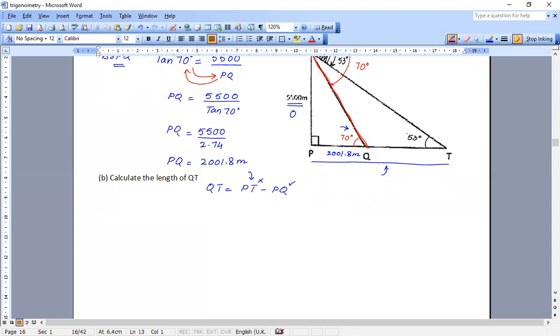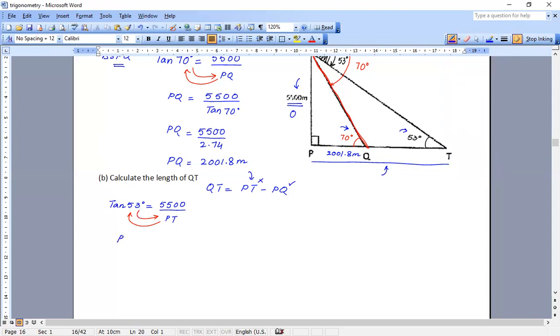In order to find PT, I have this angle which is 53. I have the opposite. I'll again use the same trigonometric ratio, tangent, but this time the angle will be 53. So tangent 53 is equal to opposite upon adjacent, and adjacent right now is PT. So we'll switch the places of the variable.